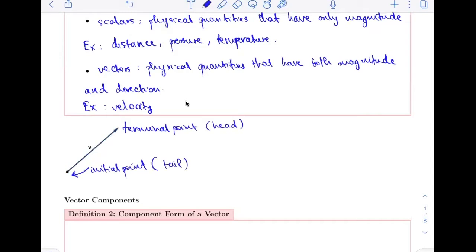In writing, because you cannot use bold-faced letters, usually we use an arrow on top of the letter to indicate the vector. So in this case, vector v has this form.